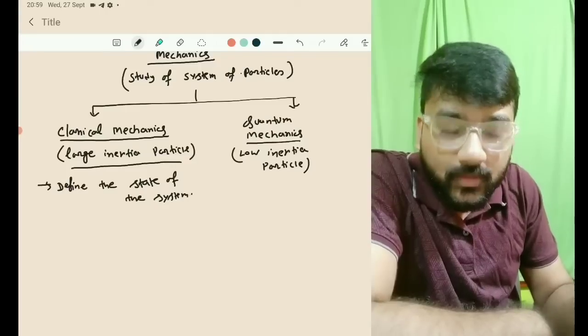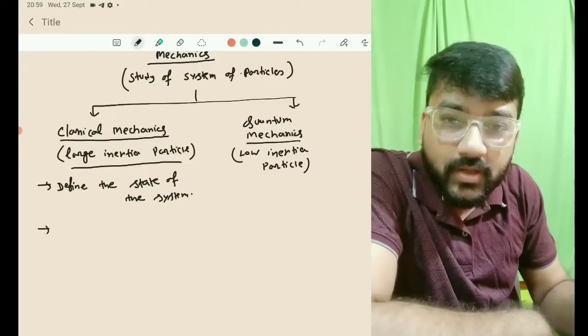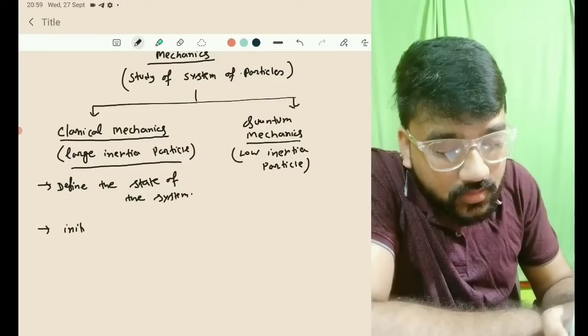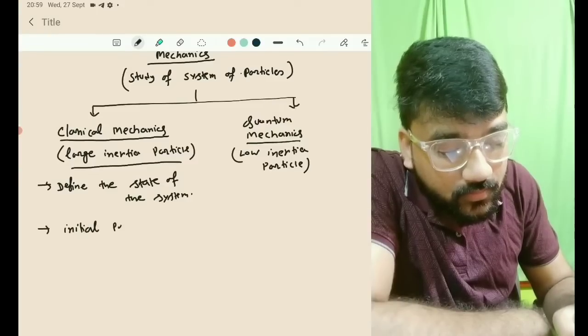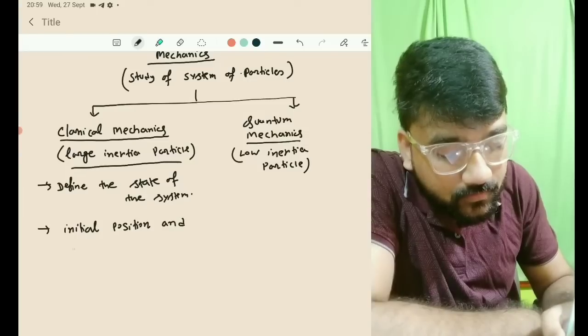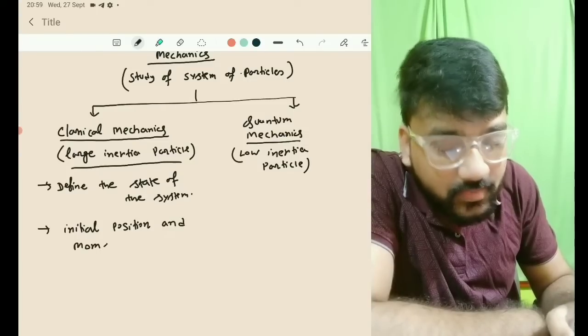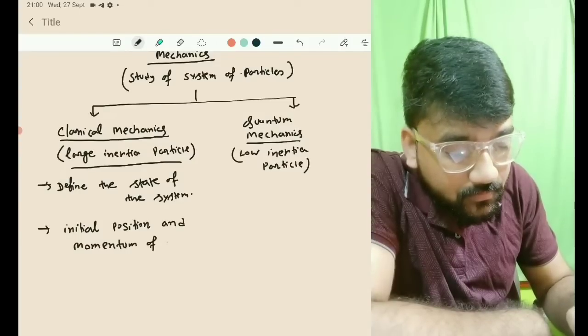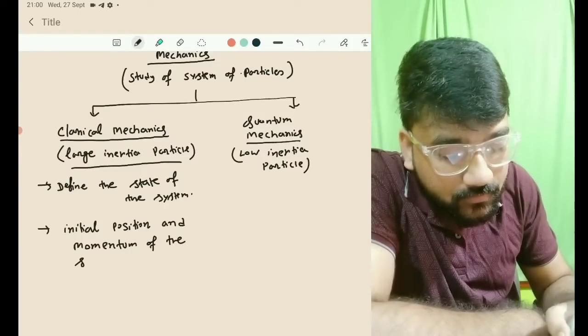And also we have to know the initial position and momentum of the system. That means initial position and velocity, actually position and momentum of the system.